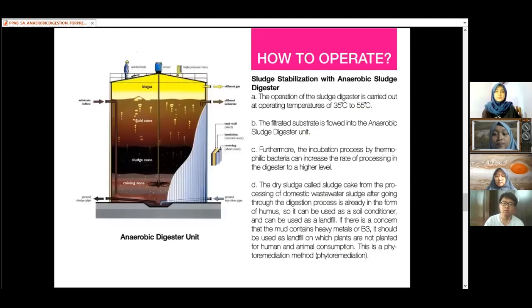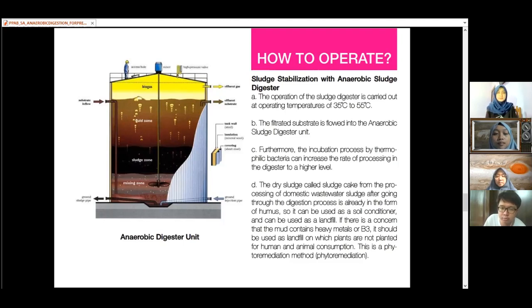And now I will present how to operate an anaerobic digester unit. In this presentation, we'll use sludge stabilization with an anaerobic sludge digester. The first step: the operation of the sludge digester is carried out at operating temperatures of 35 to 55 degrees Celsius. Then the filtered substrate is flowed into the anaerobic sludge digester unit.